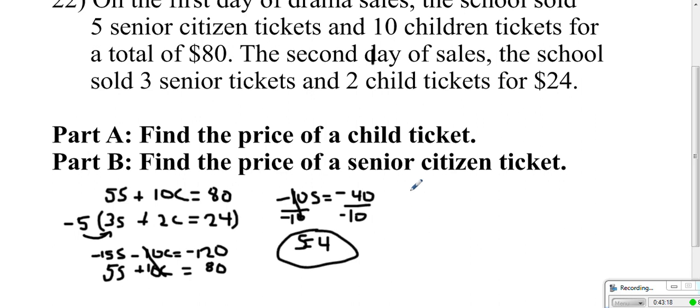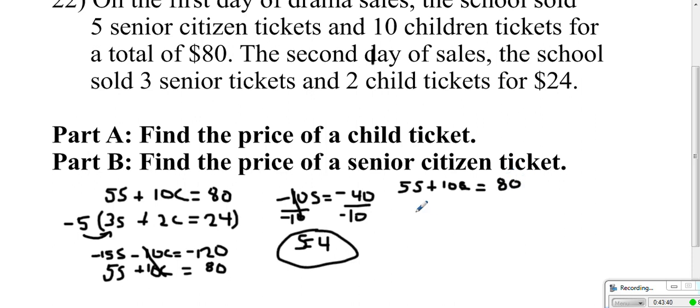And now you have to find the price of a child ticket. I'm going to take the first one, 5S. The reason why I'm picking the first one is because it's all multiples. It has 5, 5, 10, and 80.